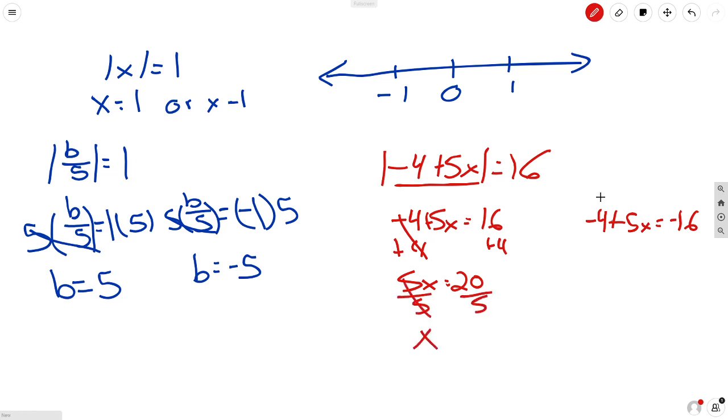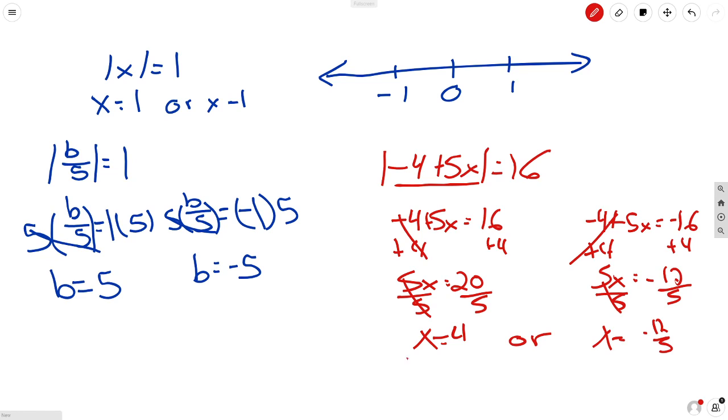We solve each equation separately. This cannot be simplified anymore. So x equals 4 or x equals negative 12 fifths.